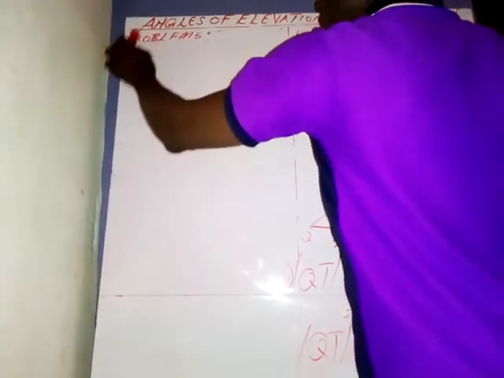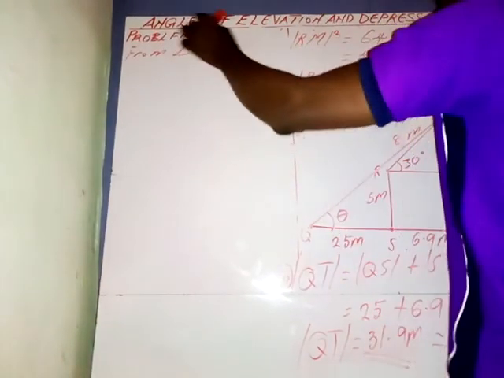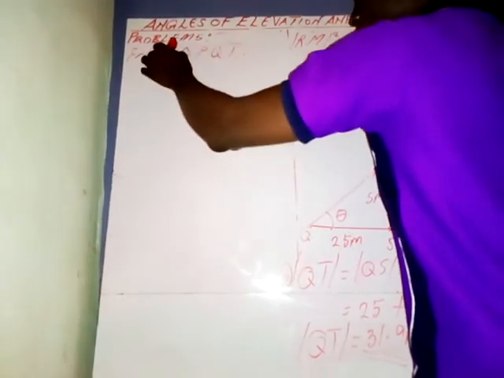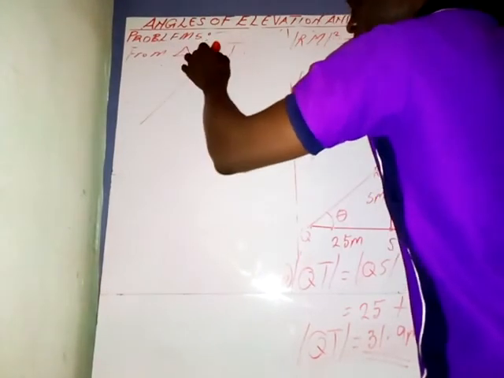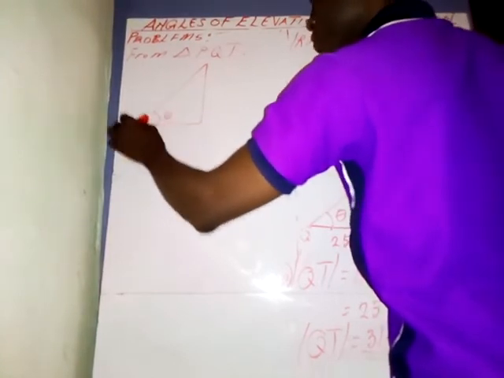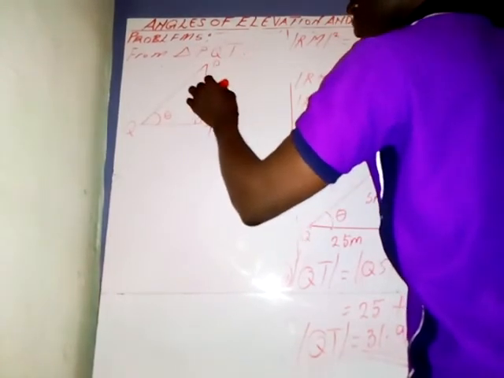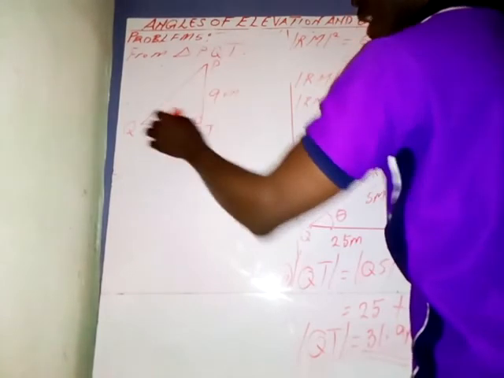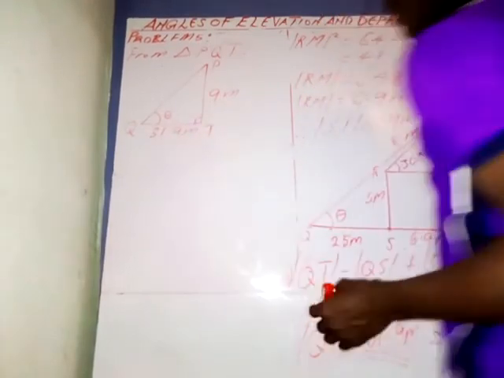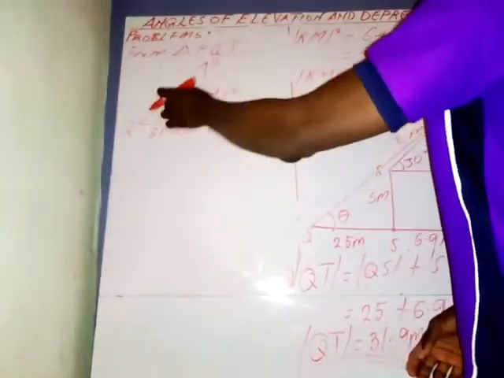From triangle PQT, I'm going to draw it for more clarification. So this is Q, this is P, and this is T. So TP is 9 meters and QT is 31.9 meters.